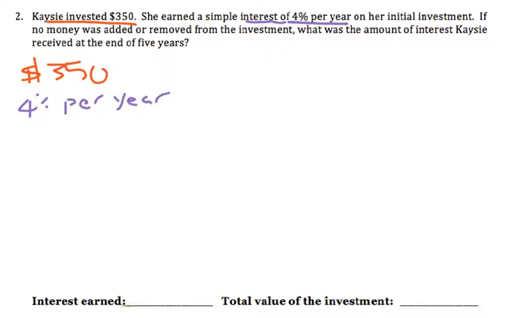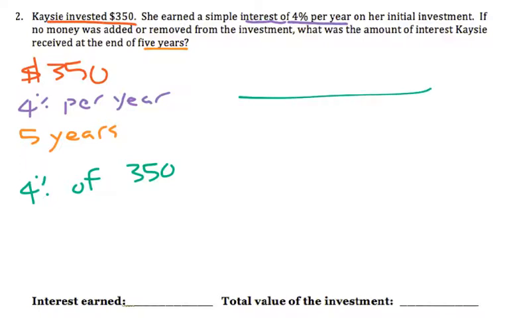If no money was added or removed from the investment, what was the amount of interest Casey received at the end of 5 years? Okay, so again, Casey puts $350 in the bank. She's going to get an extra 4% of that in interest every year for 5 years. So let's figure out how much 4% of 350 is.